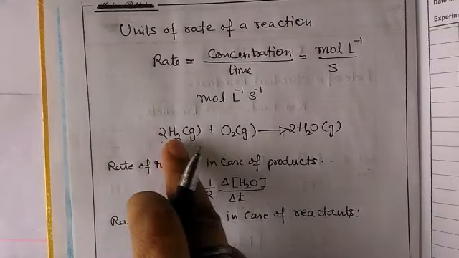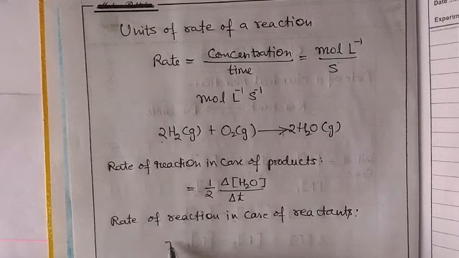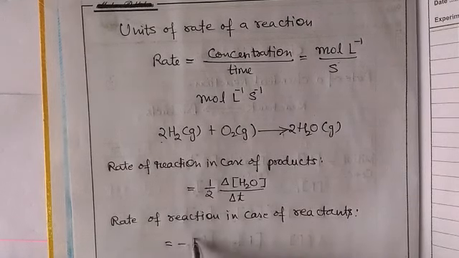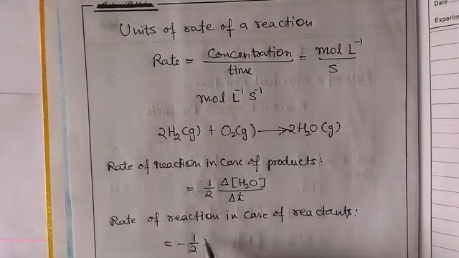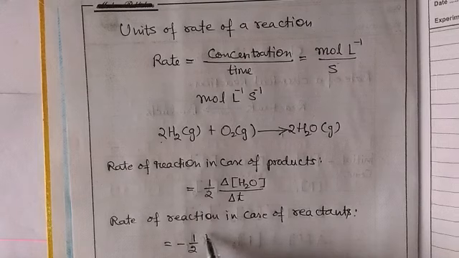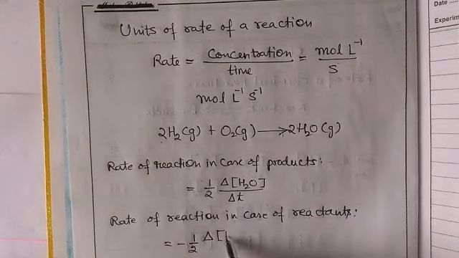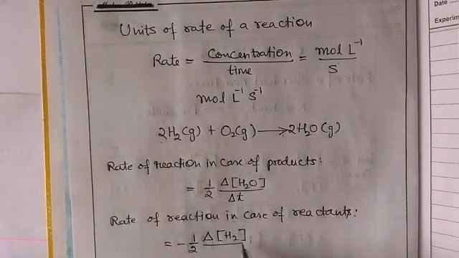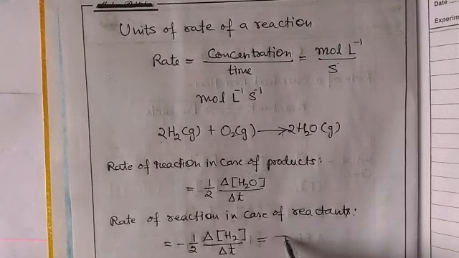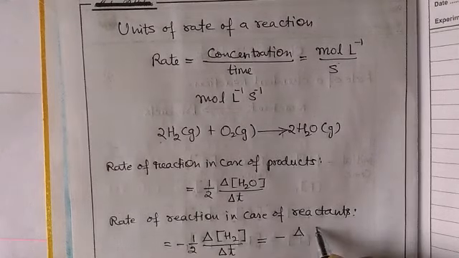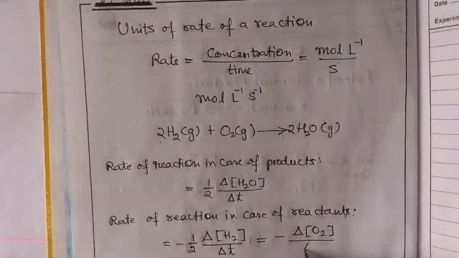We have hydrogen as well as oxygen, so in that case rate will be equal to minus 1 by 2, change in concentration of hydrogen by change in time, and this will be also equal to change in concentration of oxygen on change in time.